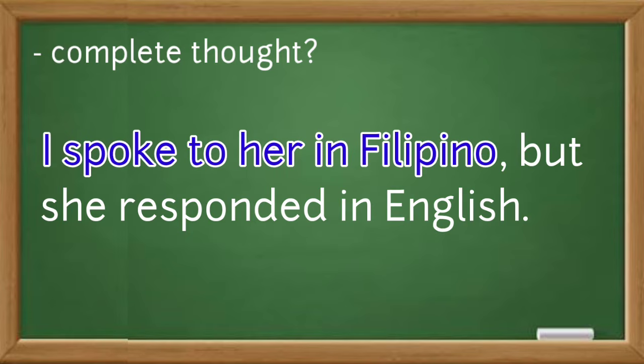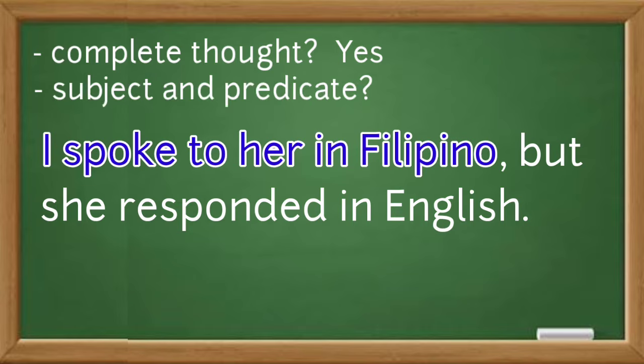The answer is yes. And does it have a subject and a verb or predicate? The answer is yes. Its subject is I. It tells who did the action. And the verb or predicate is spoke. It is what the subject did.